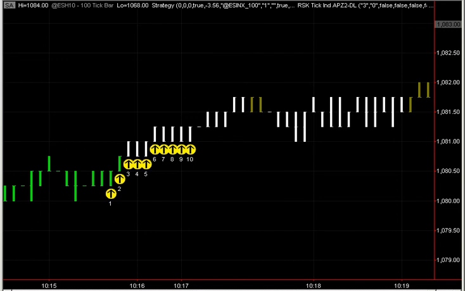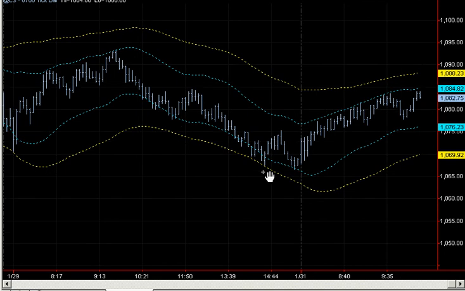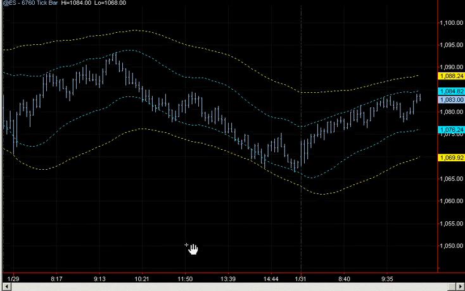And if you're wondering why we didn't try to use a zone approach for any of those trades, here's your 6700 tick bar, and here's where your zone is. Okay, your lower zone here is way below the market. The upper zone could work for an exit, but the lower zone is not good for an entry.